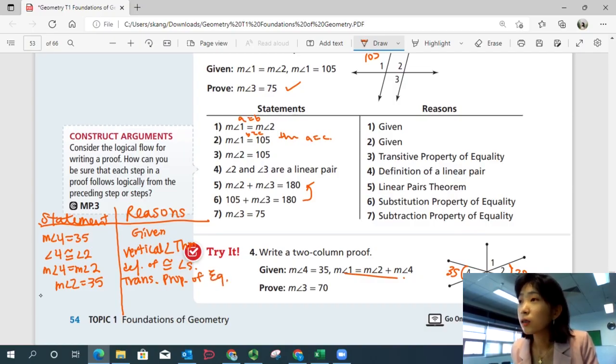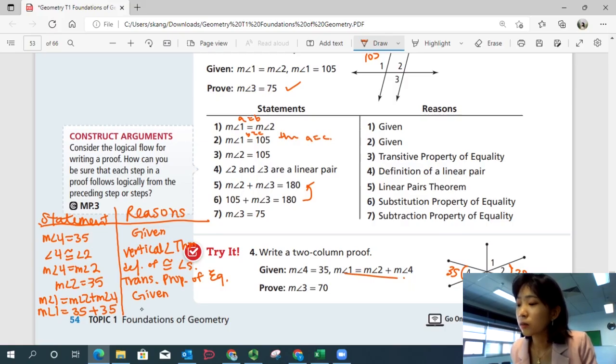And then use the given information. Measure of angle 1 is equal to measure of angle 2 plus measure of angle 4, given. And what do we know? We know angles 2 and 4, right? So measure of angle 1 is equal to 35 plus 35.